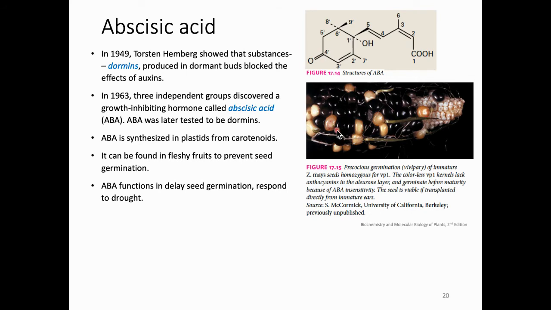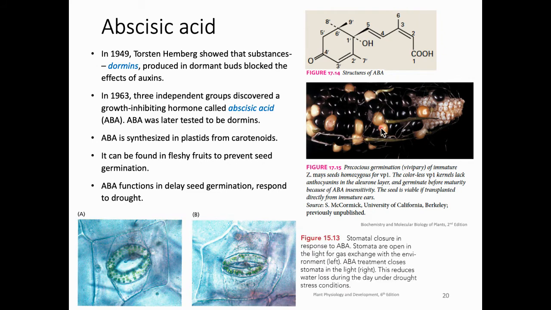This is because these corn kernels are the result of plants that cannot produce ABA or have ABA insensitivity. They will germinate before they are ready. Let's put it that way.